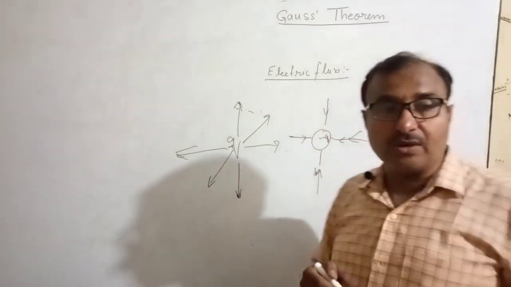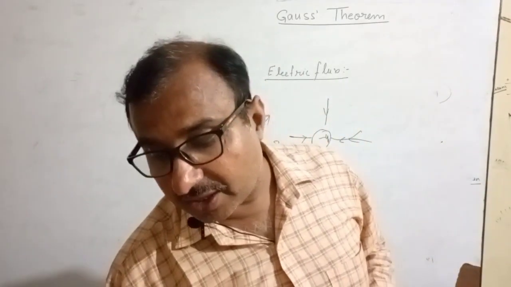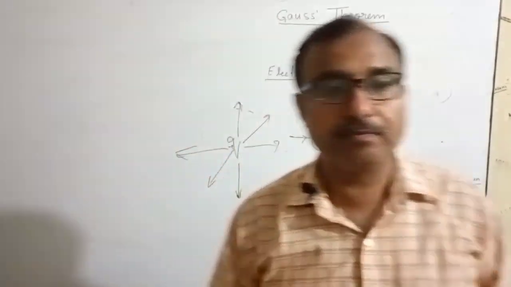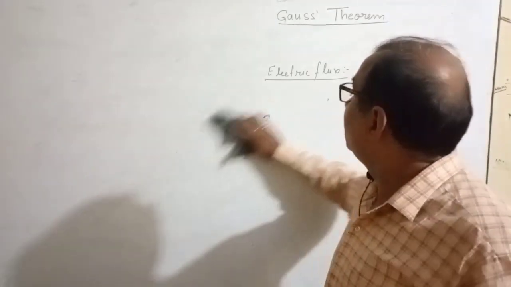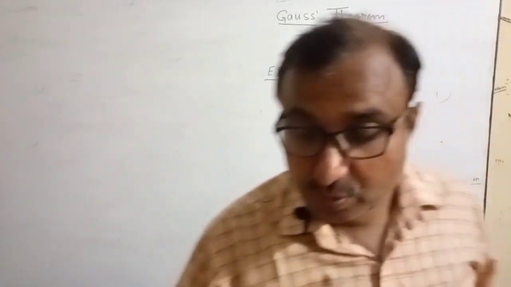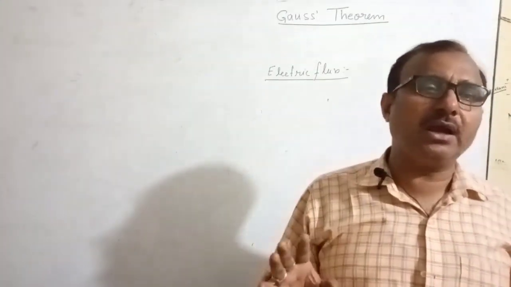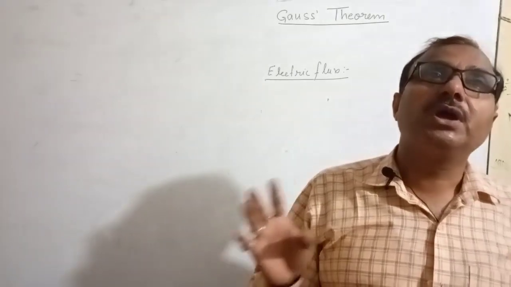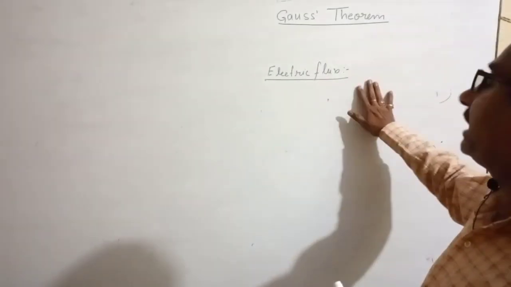But always remember, electric lines of force never come inside the conductor, they are always at the surface of the conductor. So these are electric lines of force: smooth imaginary curves, not real, drawn inside the electric field along which a unit positive test charge moves. Now we are going to discuss electric flux.